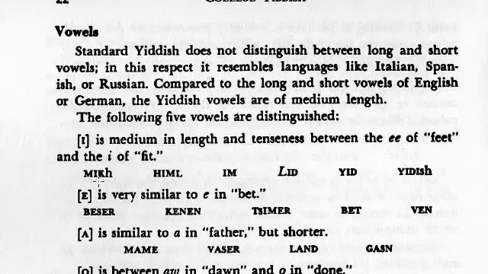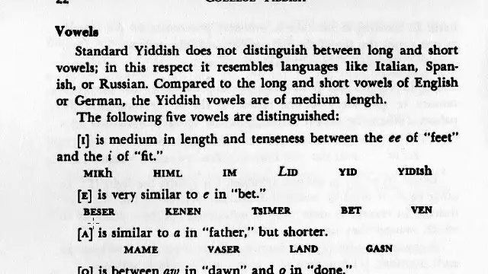So this mich is actually closer to fit. Mich, fit. Fit, mich. The other one, lid, is closer to feet, except feet may be a little bit of a longer sound. Feet, and here it's lid. Lid, yid, Yiddish.